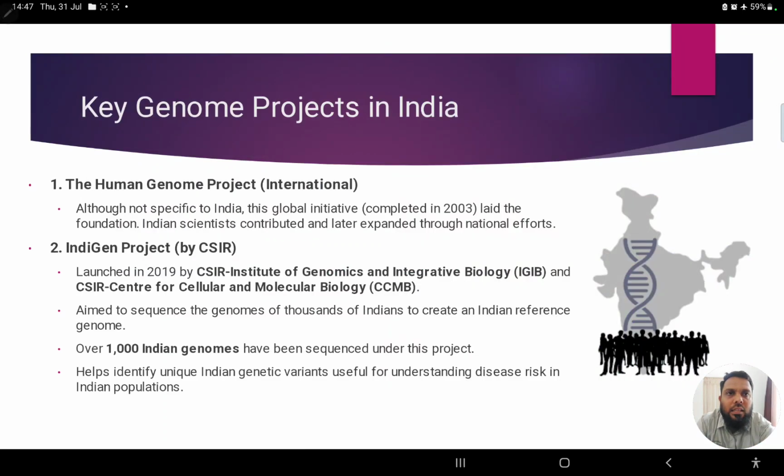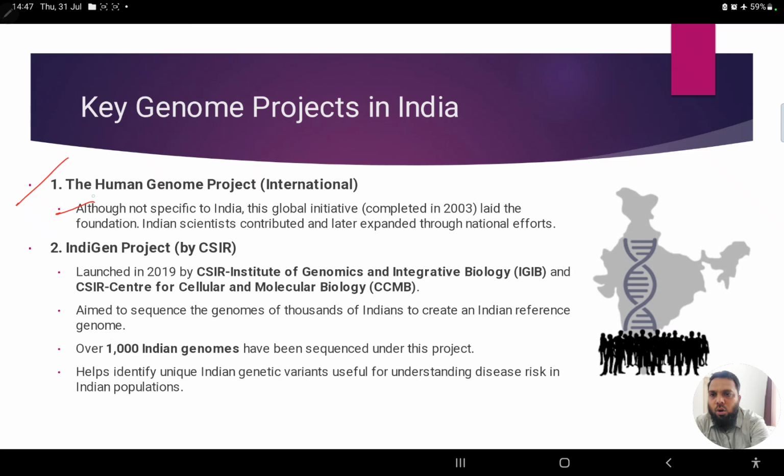Right? What are the key projects that India has taken up in this particular scenario? First thing is, we have the Human Genome Project. This is called HGP, but it's an international effort. A lot of countries worldwide are part of this, and India is also part of this particular project.